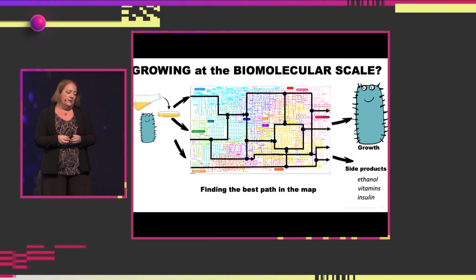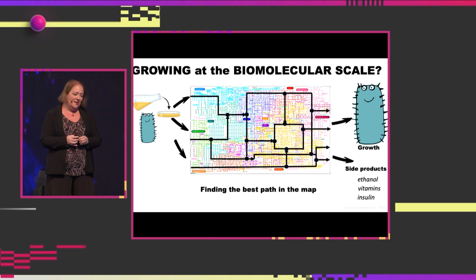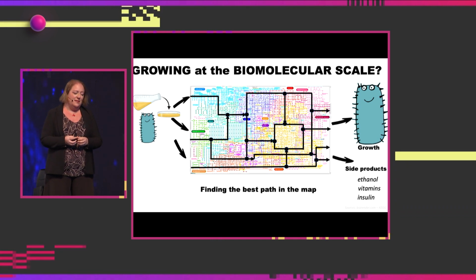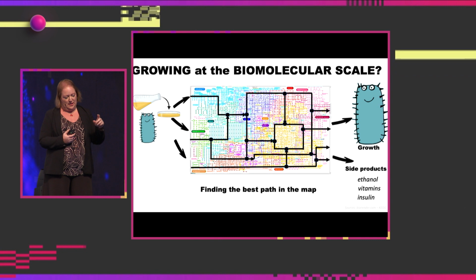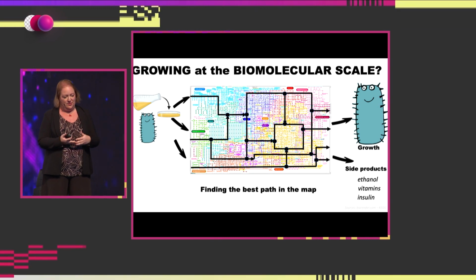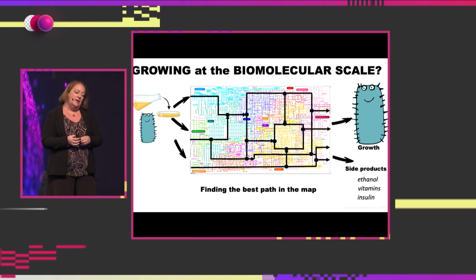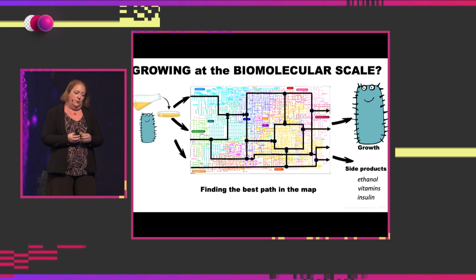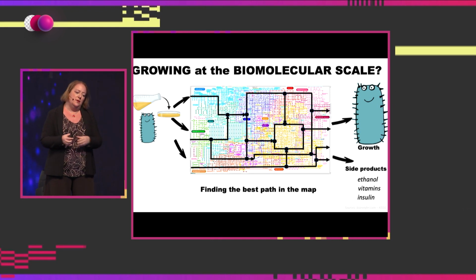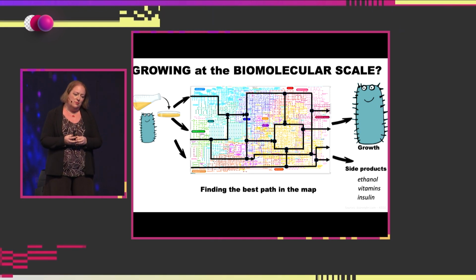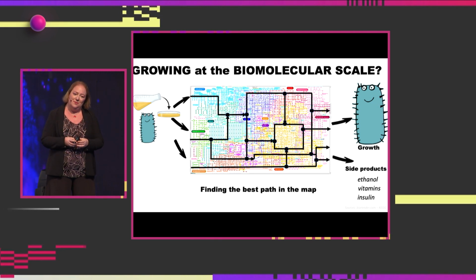So for instance, if you want to model and elucidate how bacteria grow, you just have to consider every entry which are these metabolites which are in the culture medium, and look at paths in the map, which are going to provide new compounds, allowing the bacteria to grow, and even side products such as ethanol, vitamins, or insulin.